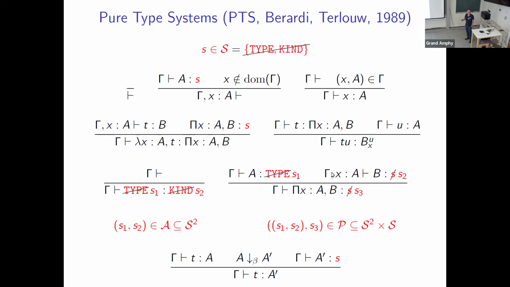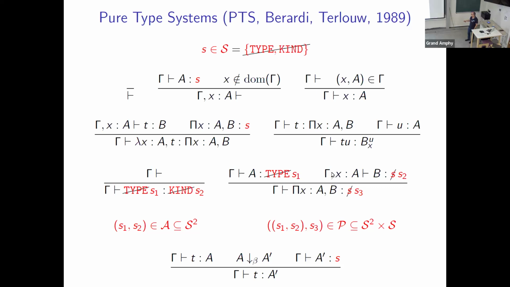But we can go further, and this is what actually they did at the end of the 80s. So why add only two constants? Why not take any set of sorts? Okay.